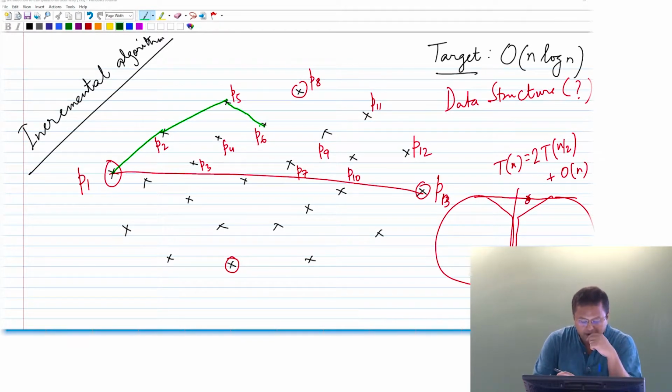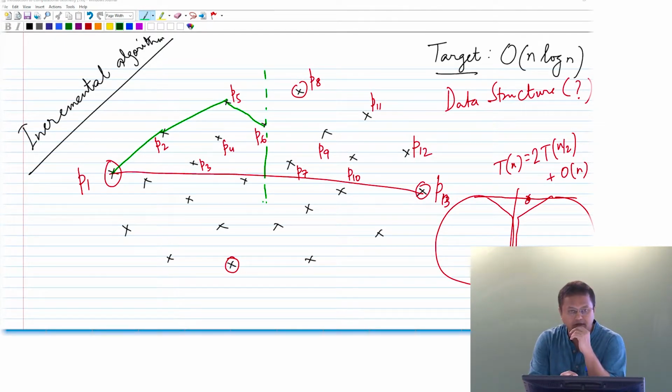Now, see, when this P7 comes, then what you try to do is you try to extend this by including P7. Now, the idea is, if you look at all points considered till now, they lie below this chain.